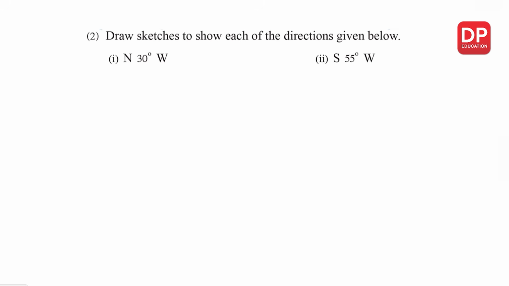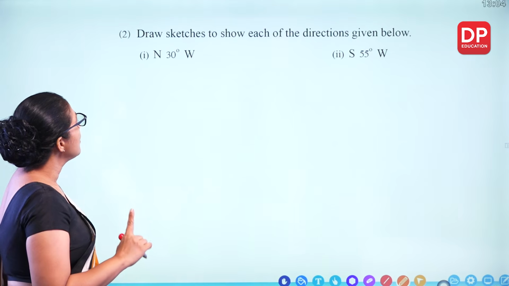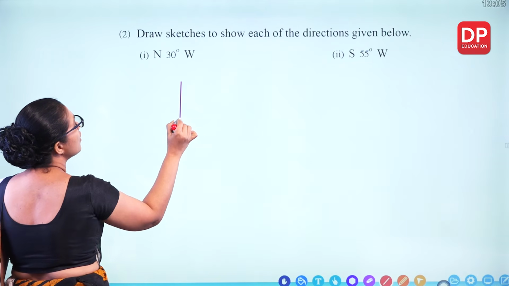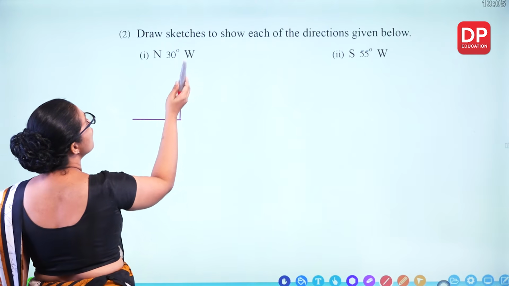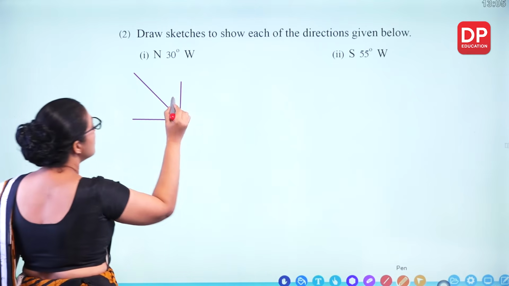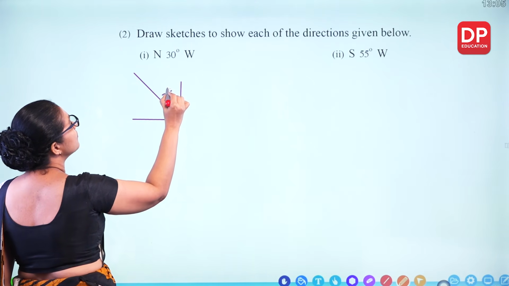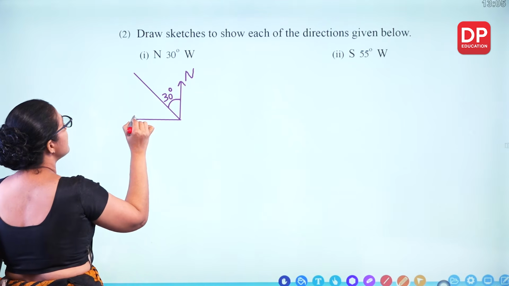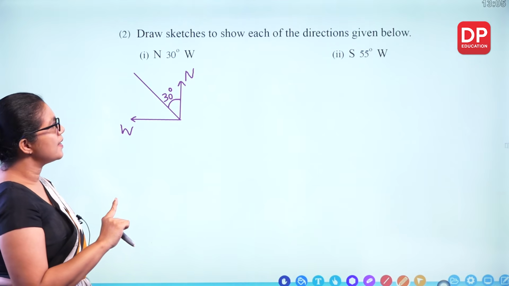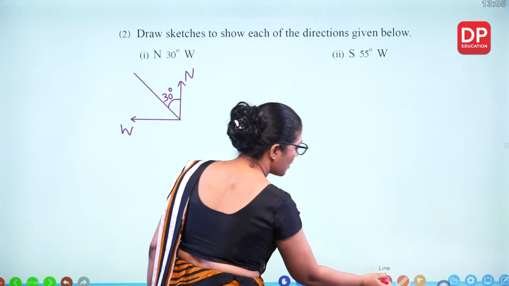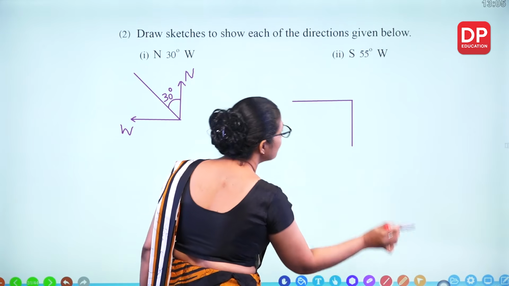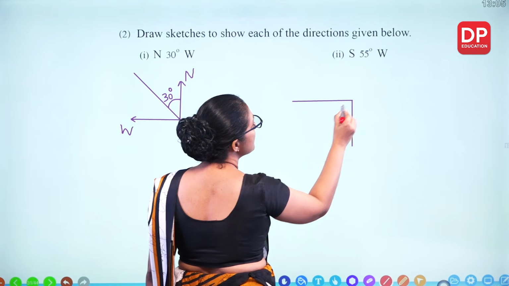Draw sketches to show each of the directions given below. North 30 west. So here north, west. From north 30 degrees, somewhere here, this is 30 degrees. So this is north and this is west. 30 degrees from north towards the west side. This one, south and west, from south 55 degrees.